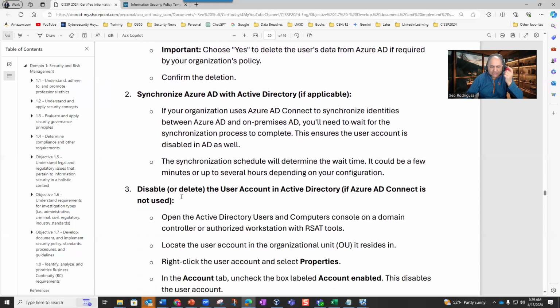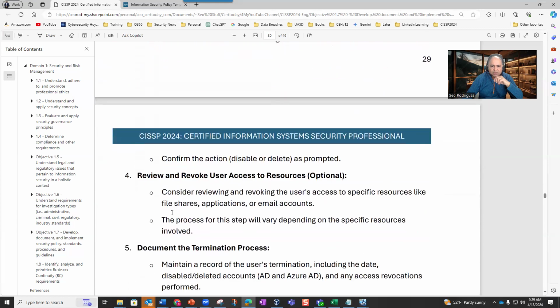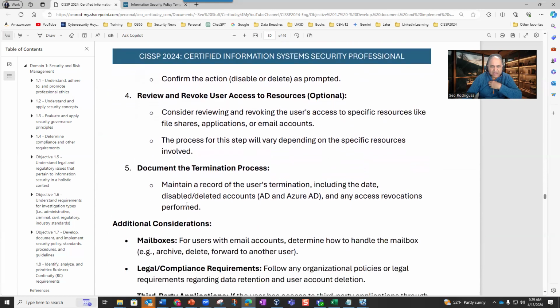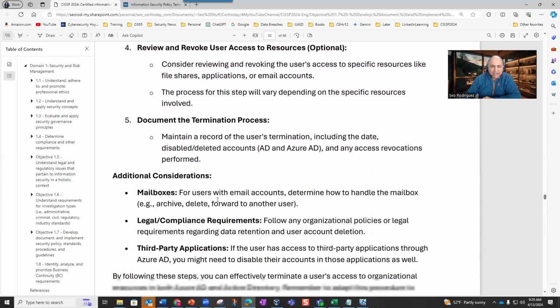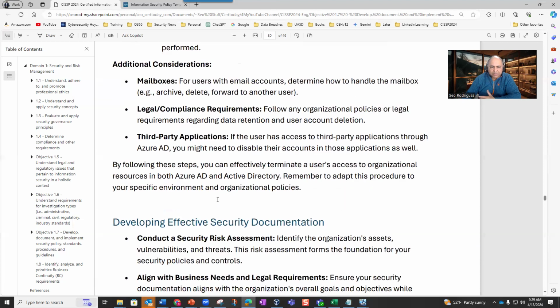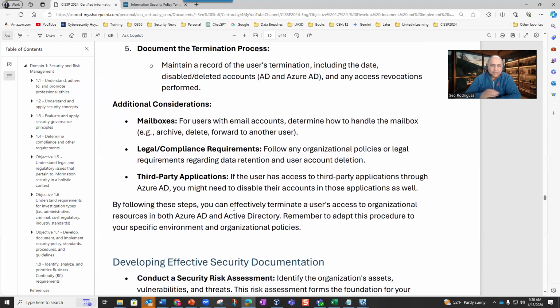Step 3, disable or delete the user account in Active Directory if Azure AD Connect is not used. Step 4, review and revoke user access to resources. Step 5, document the termination process, etc. So that's a good example of a procedure to have in mind.